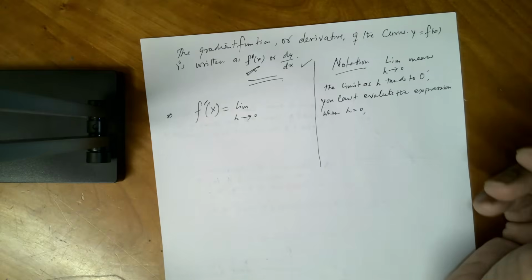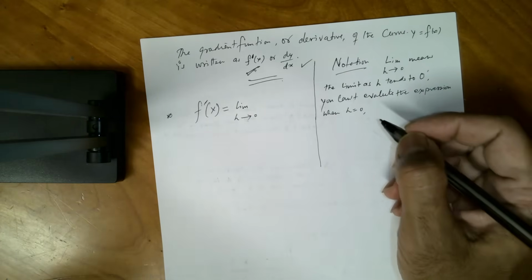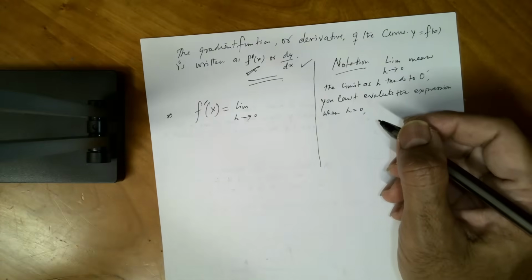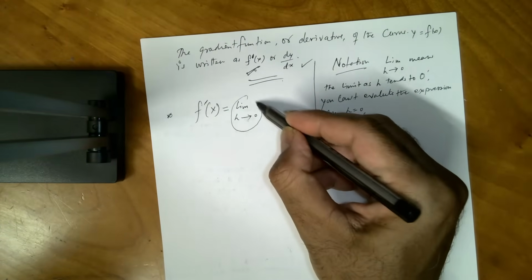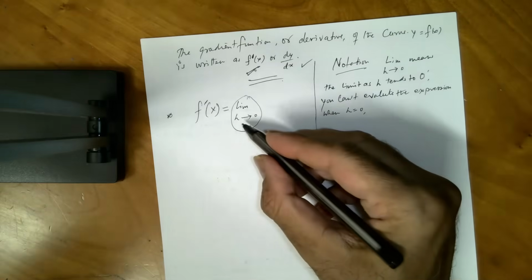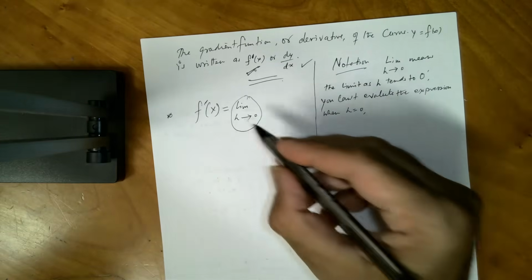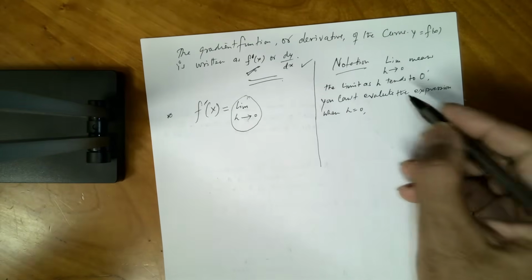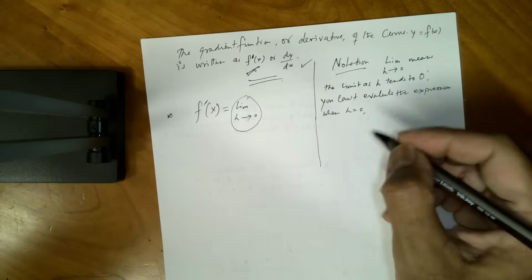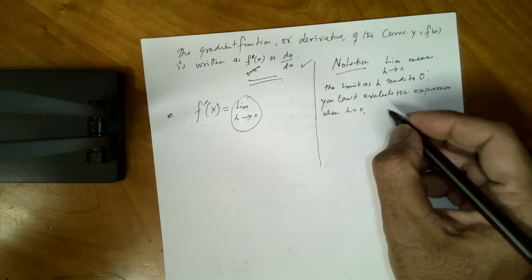Not 0, tends to 0. Please don't make a mistake on that one. That's why you use this, tends to 0. It's like an arrow, h arrow 0, but it hasn't reached there. Think of it that way: it's approaching but has not reached there.